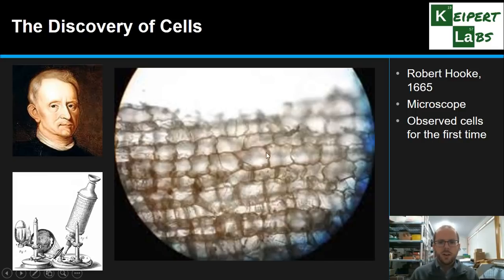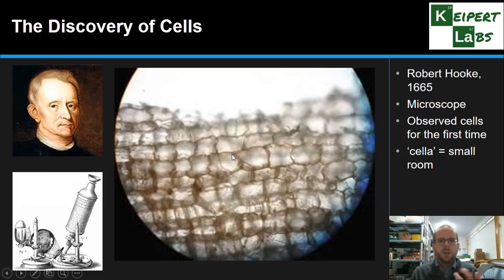Here you can see the sort of image you see under a microscope of the cells of a cork plant. He called them cells because it comes from the Latin cella, which is a small room, based off the rooms that monks would stay in at a monastery. You can see how these cells stack like little rooms in a building.